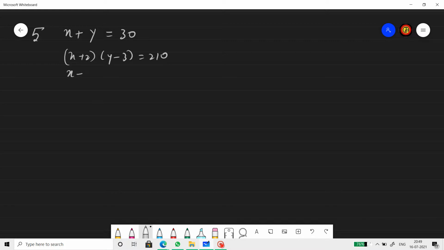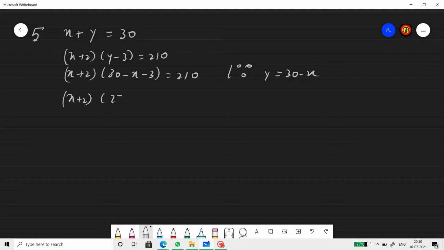So I'm going to have this as x plus 2 into 30 minus x minus 3 equals 210. How? Because x plus y is 30, y is equal to 30 minus x. Substituted that. So this will give us x plus 2 into 27 minus x is equal to 210.